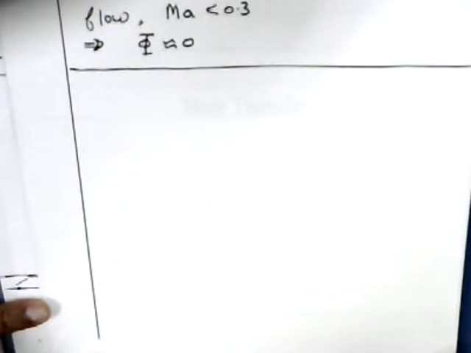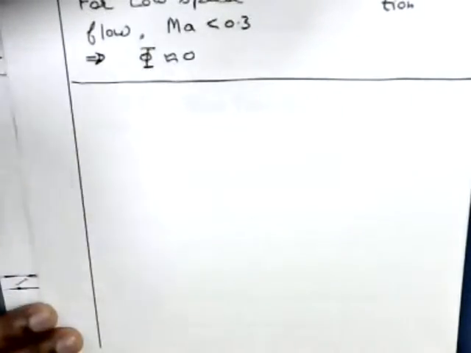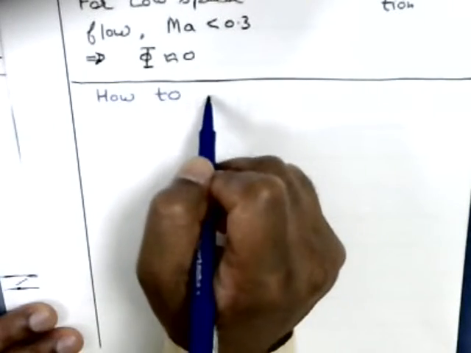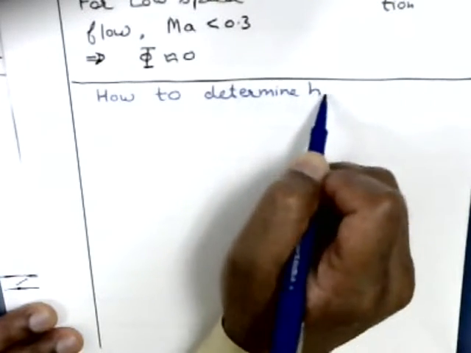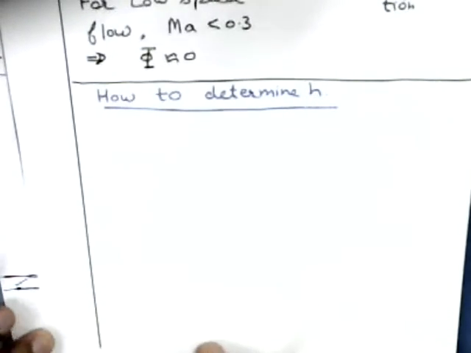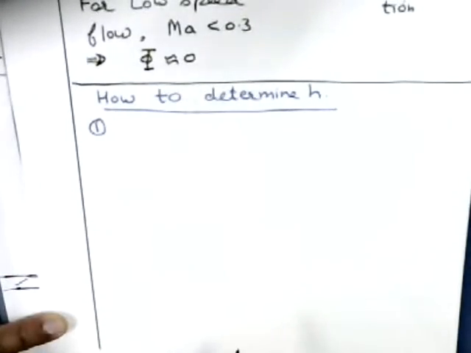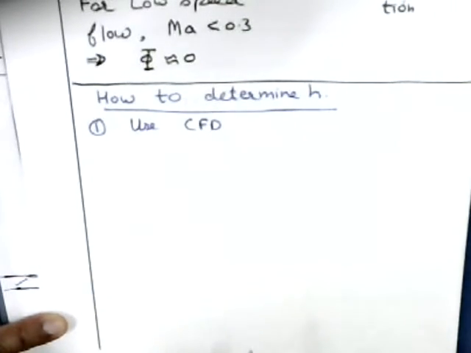Now, see, our interest is in the determination of convection coefficient. So let us talk about what methods do we have. So how to determine h for various situations. See, one option is we use CFD, computational fluid dynamics.